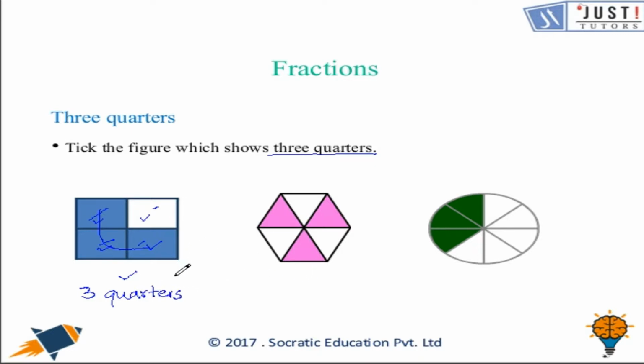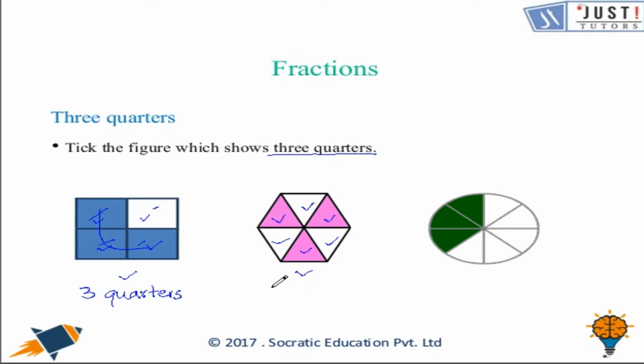Similarly, look at this second figure. If we take the whole figure, you'll see that it has been divided into 6 equal parts. Out of 6 equal parts, 3 of them are shaded.